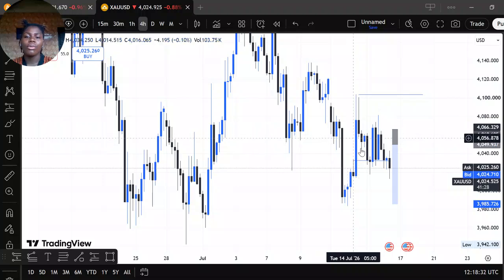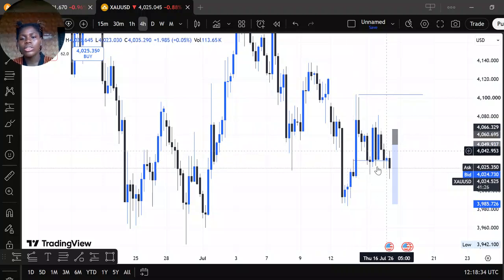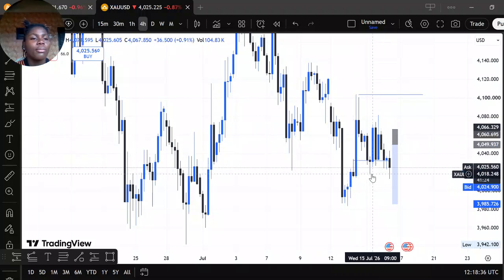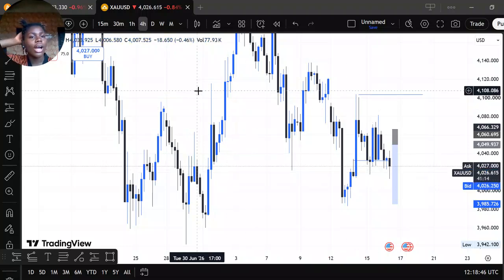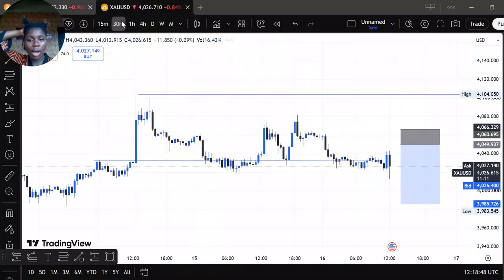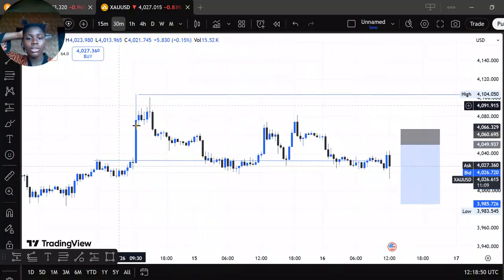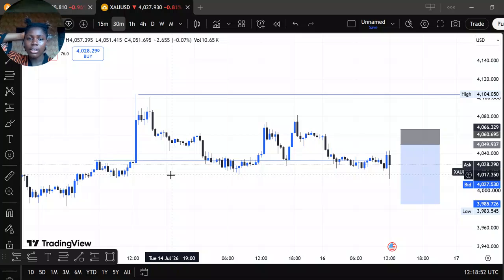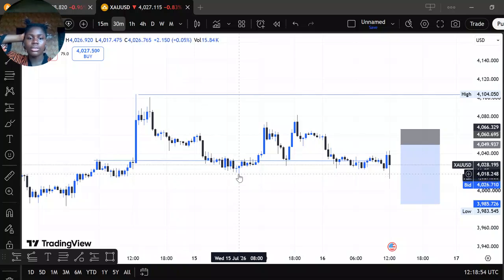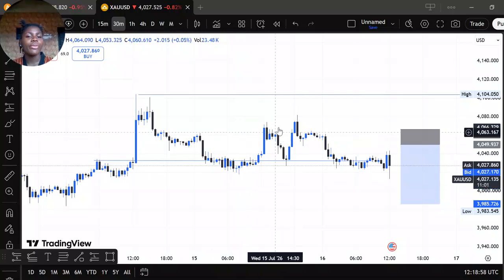So if you were to come from this point and you're like, oh, I'm waiting for price to probably break out here because it's bearish, most people will just be sitting around that 4018 and they're waiting for a breakout. What I would do is I would scroll down to 30 minutes. I would mark that level out, 18, right? This is it. I will mark it out, and then I'll come to the lower time frame. This will help me refine my entry.